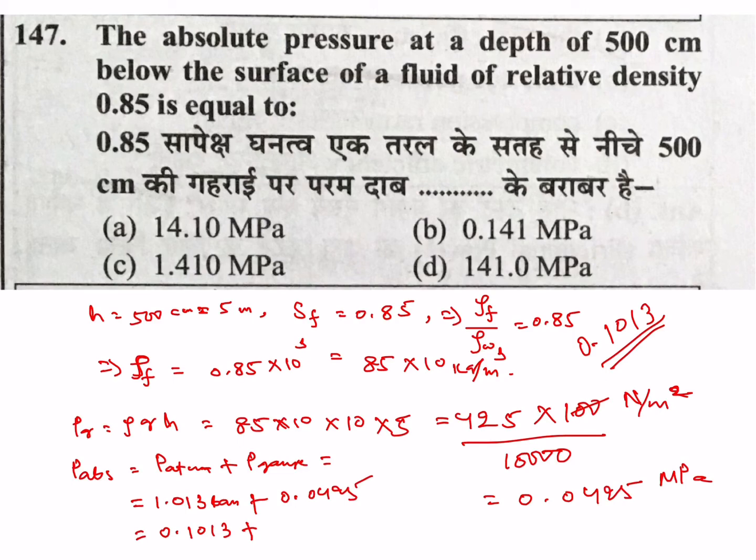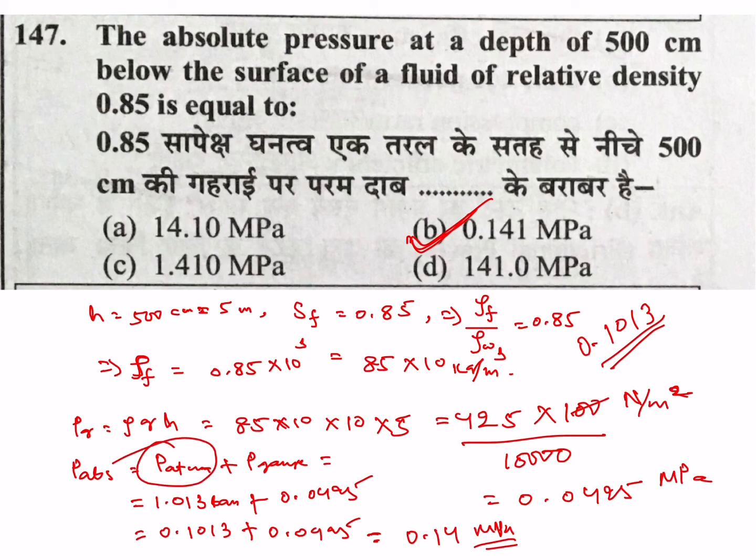So around 0.1. B is your correct answer. No need to calculate further also. If you want to calculate, you can calculate. You will get the value in megapascal. B is your correct answer.